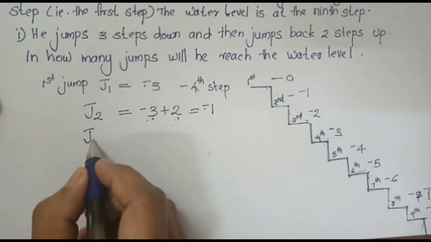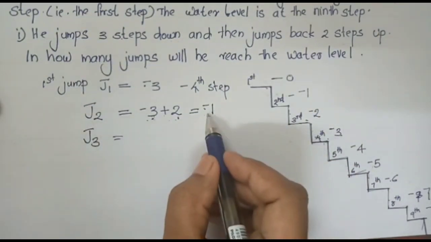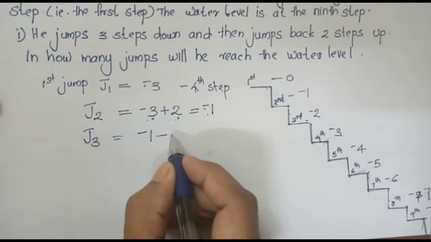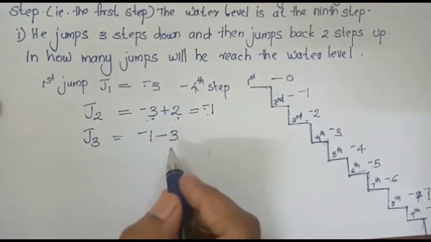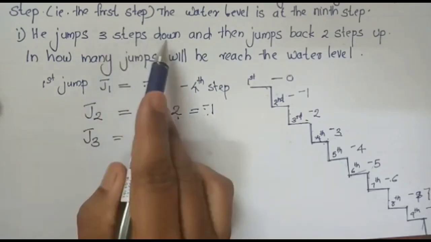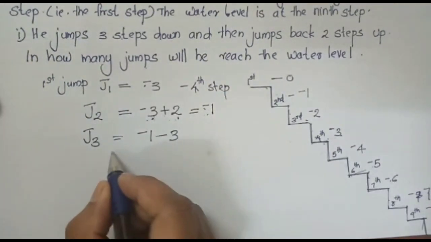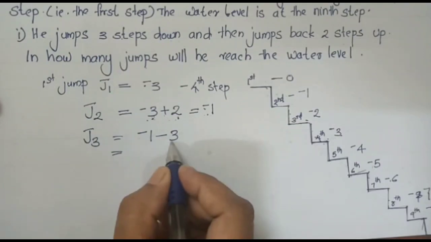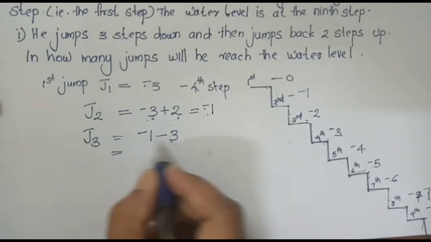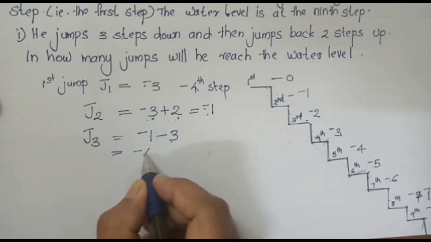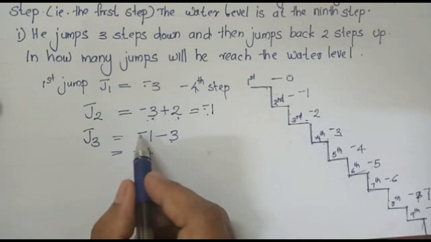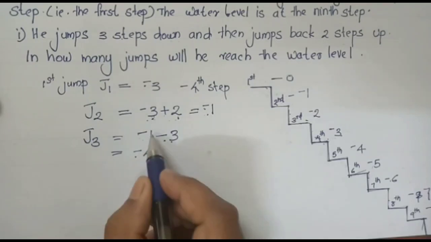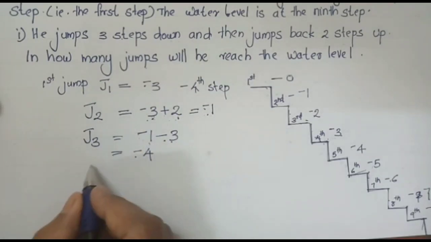Now J3, he is on -1, and -3 because his third jump is 3 steps down again. And -1 -3, 2 negative numbers, so -4. Both of them are negative, so the sign is negative and we have to take the sum.